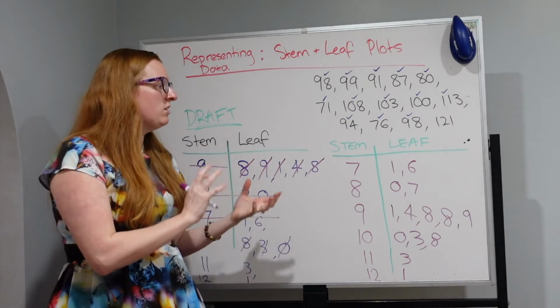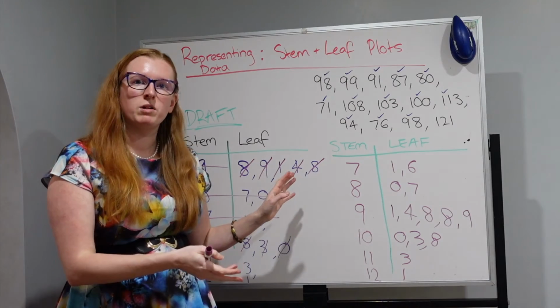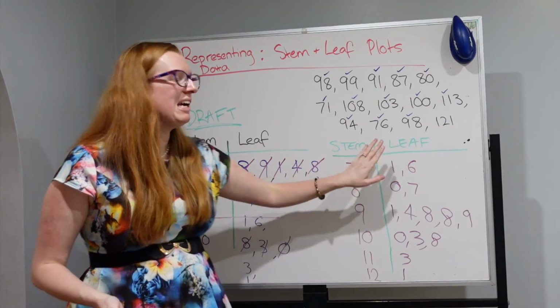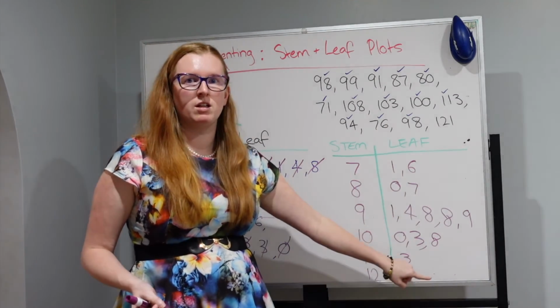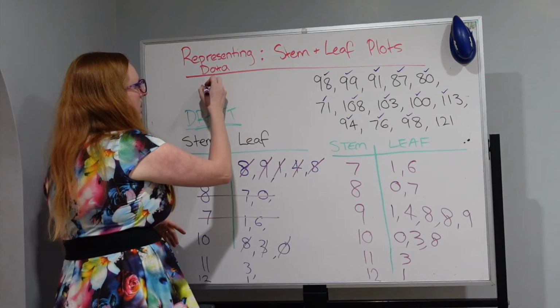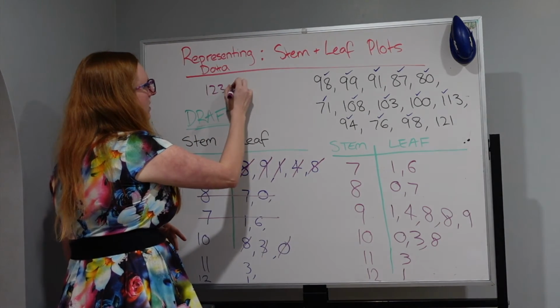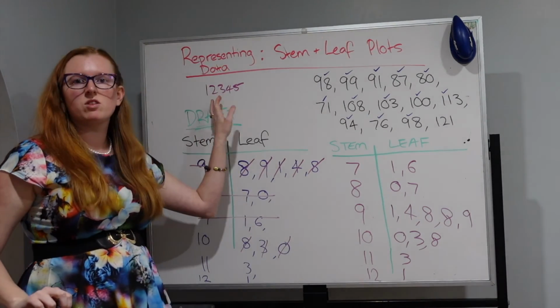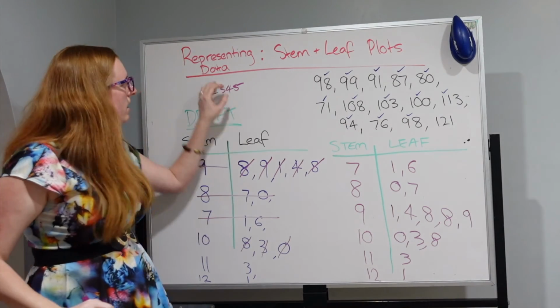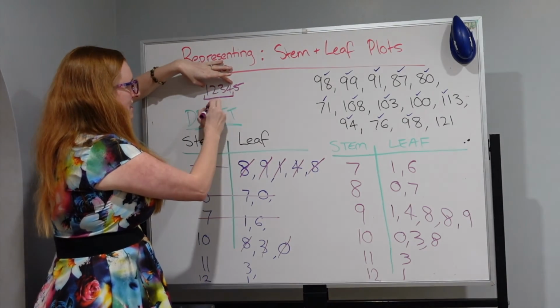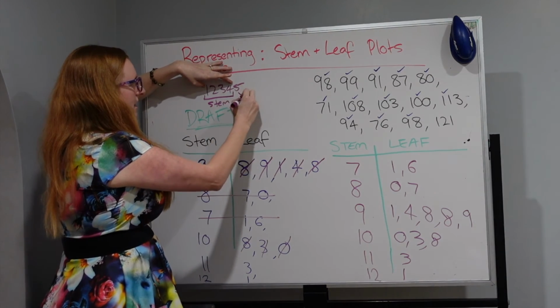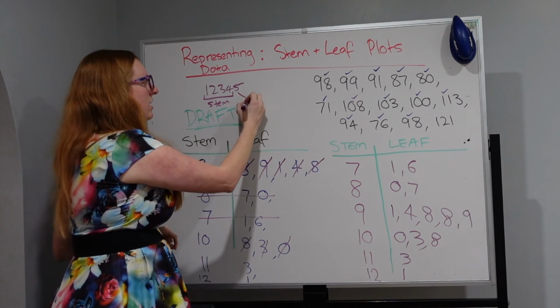The things that we need to be able to do with a stem and leaf plot is to recognize that only our last digit in our numbers goes into the leaf section. So if I had a number like 12,345, these first 4 digits would be my stem, and my leaf would be my last digit only.